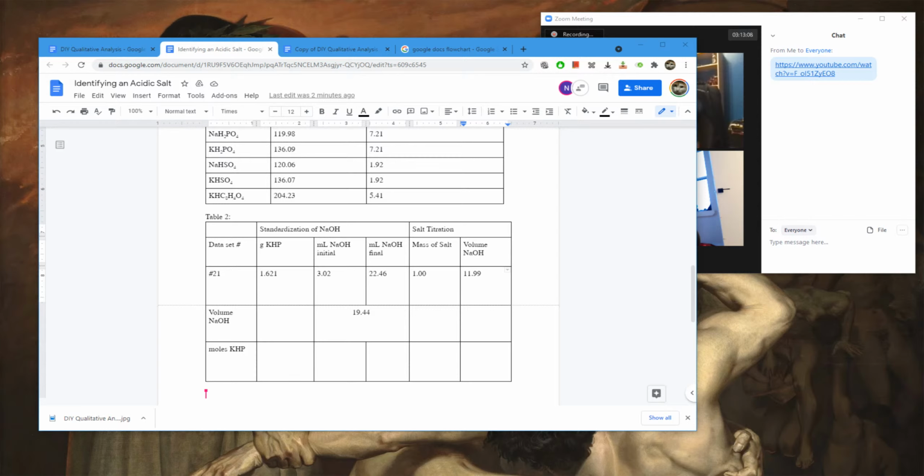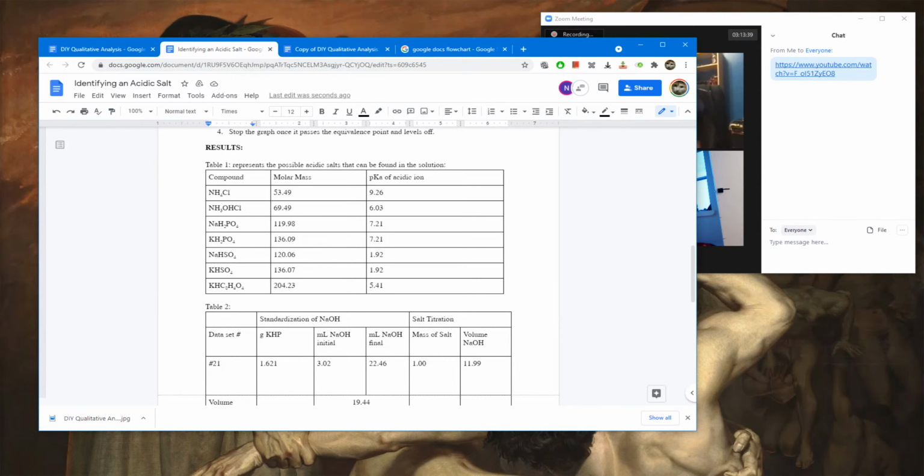The moles of KHP are equal to moles of NaOH at equivalence point. Basically they do the mass over the molar mass of it.